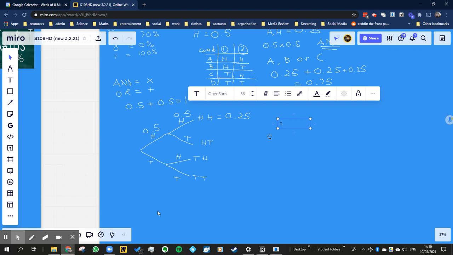So we've got a football team. This is a classic one. I see football team probabilities always coming up in these exam questions.